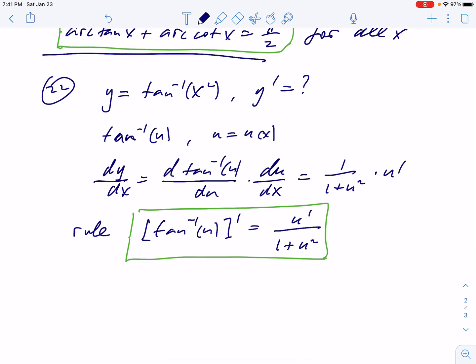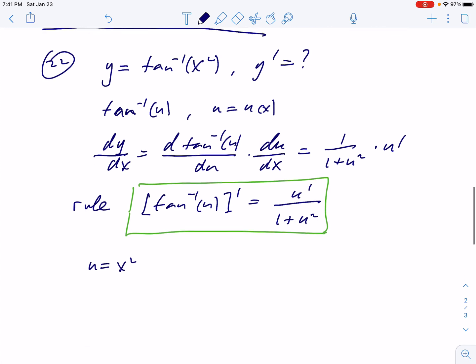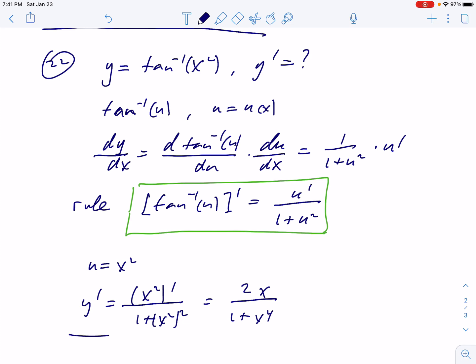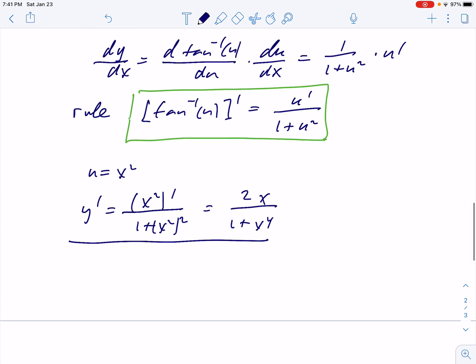Okay, returning to our problem, u is x squared here, so y prime will be x squared prime over 1 plus x squared squared. So this will be 2x over 1 plus x to the fourth power. That's it, our derivative.